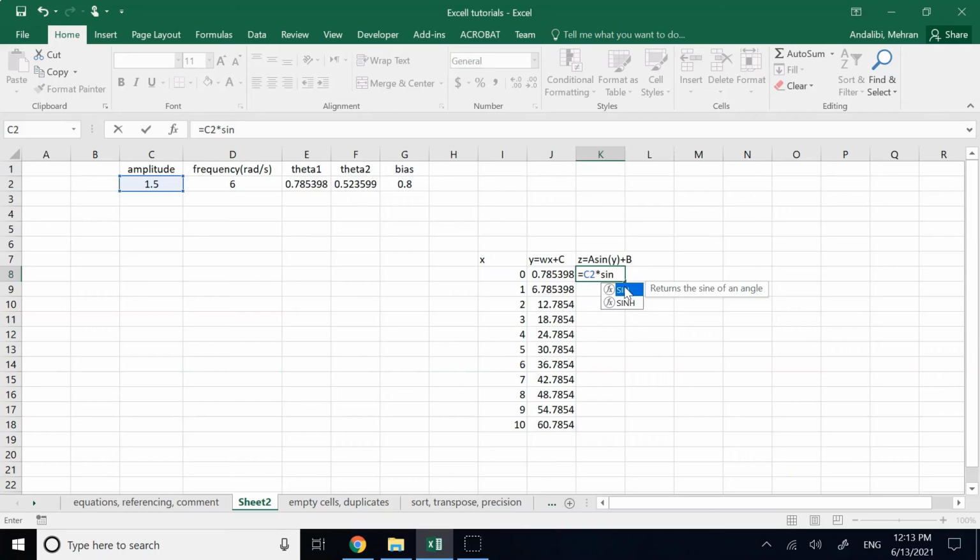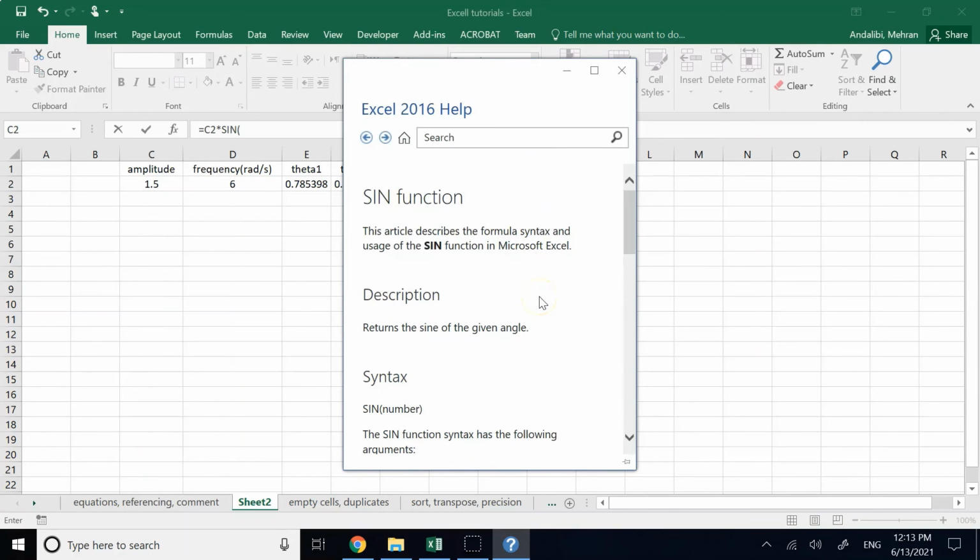Excel will give you a suggestion for any function it has that starts with those letters. So you can double click on it, and then it says the syntax for it. You have to type in a number, and it's a sine function, it's a number. If you click on them, it brings help for that.